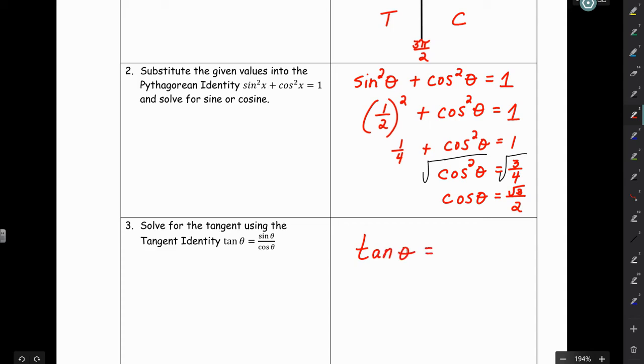In this example, the sine of theta is a half, and the cosine of theta is root 3 over 2. All right, so the tangent of theta is equal to 1/2 times the reciprocal of the denominator. The 2's will cancel. And so the tangent of theta is equal to 1 over root 3.